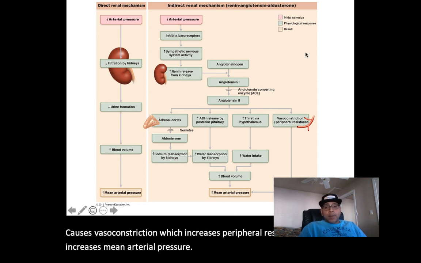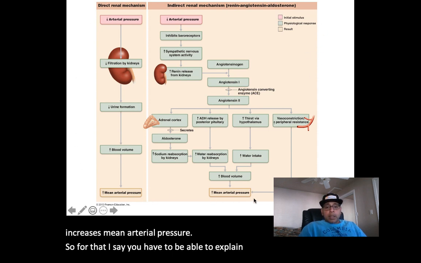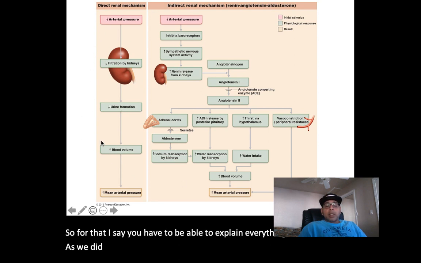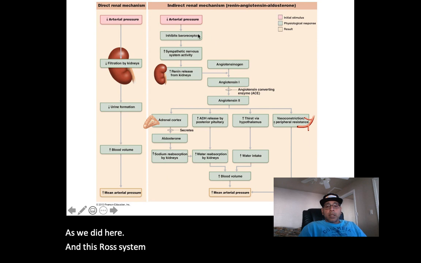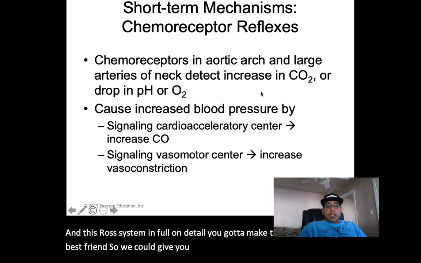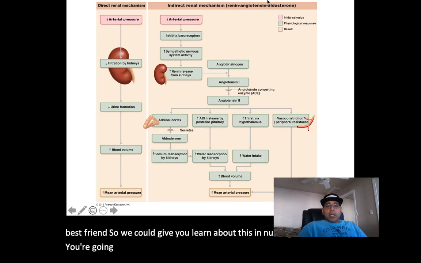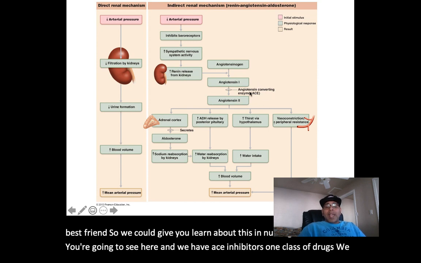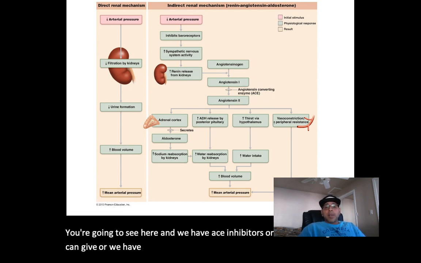So for that essay, you have to be able to explain everything, as we did here, and this RAAS system in full-on detail. You got to make this RAAS system your best friend. You're going to learn about this in nursing school as well. We have ACE inhibitors, one class of drugs we can give, or we have ARBs, angiotensin receptor blockers.